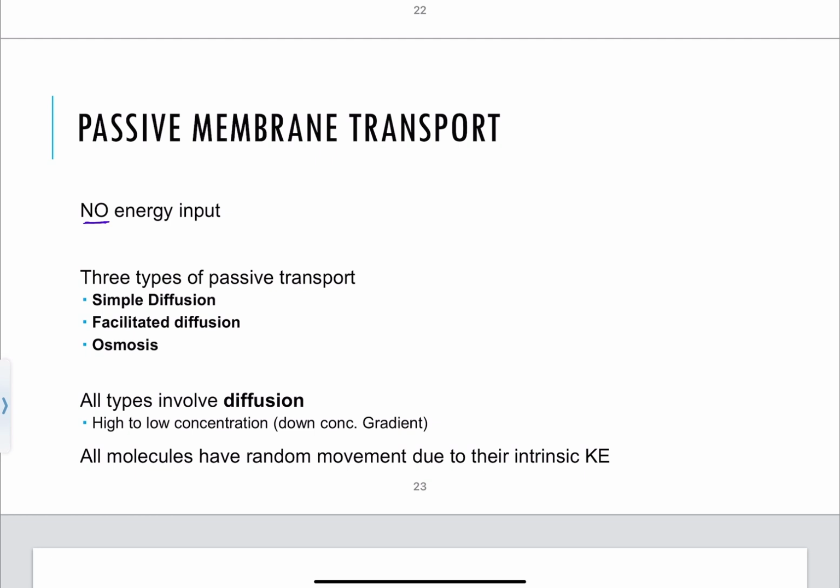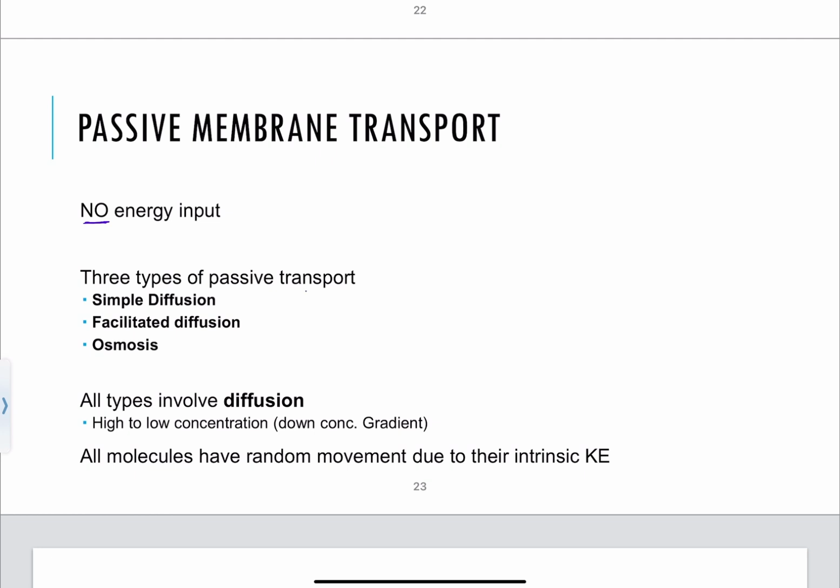So under your worksheet where it says the process of simple diffusion, facilitated diffusion, and osmosis, the energy source is going to come from the intrinsic kinetic energy of the molecule. When we get to the forms of active transport, the energy source is going to be a molecule called ATP, which we'll talk more about at the end of this chapter.